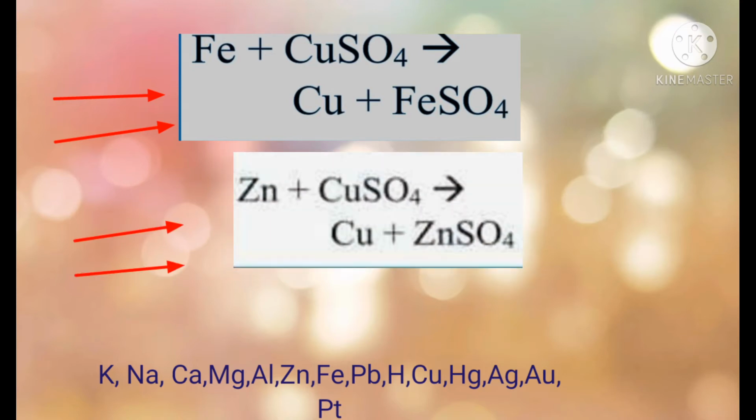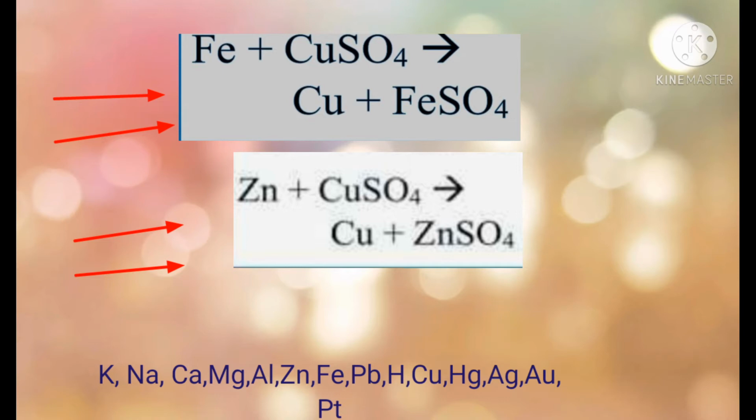The second example is putting zinc metal in copper sulfate solution. The copper sulfate solution is blue in color because of the presence of copper ion. When you add zinc metal to copper sulfate, zinc is a more reactive element than copper. Look at this, copper is attached to sulfate as copper sulfate, so copper is an ion, whereas zinc is only a metal.